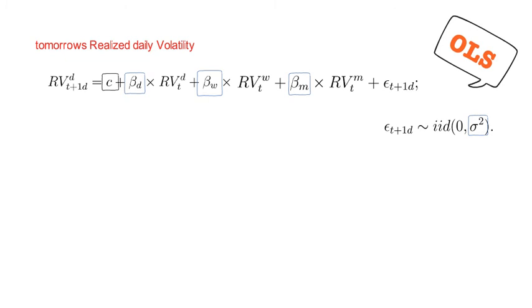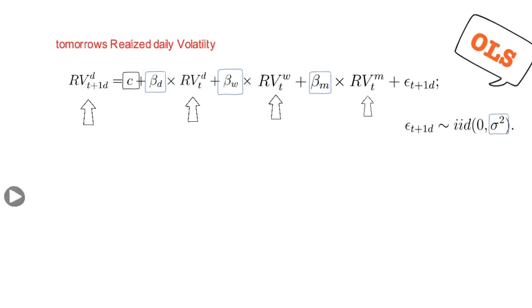So that HAR-RV model for the daily realized volatility works with a simple autoregressive structure. The new thing at the time was that it considers as explanatory variables realized volatility over different time intervals, going from daily to weekly and to monthly.